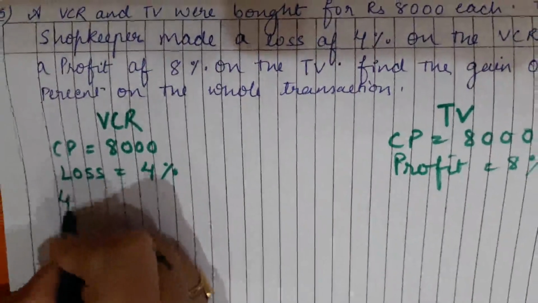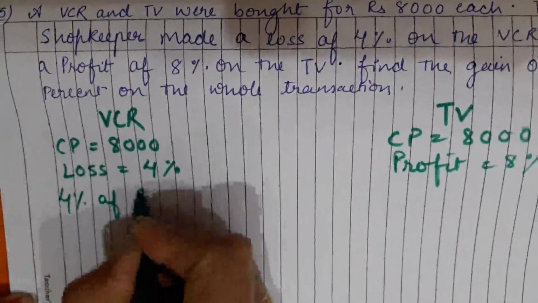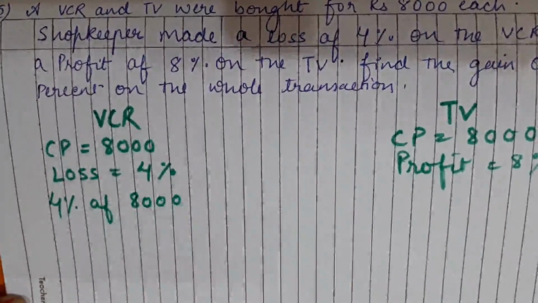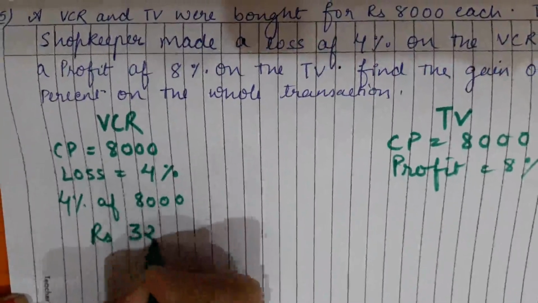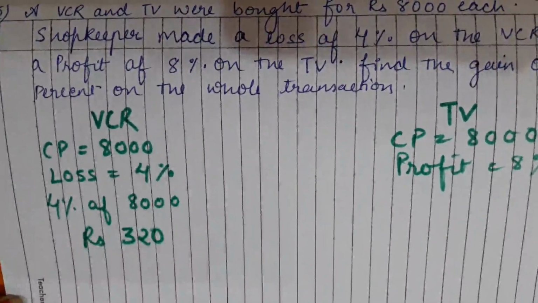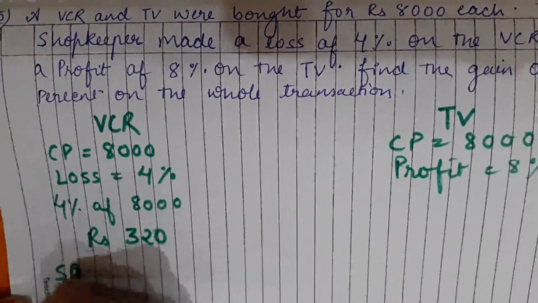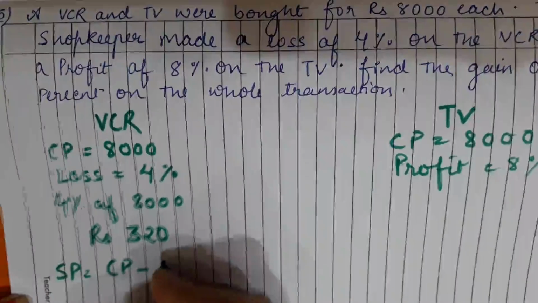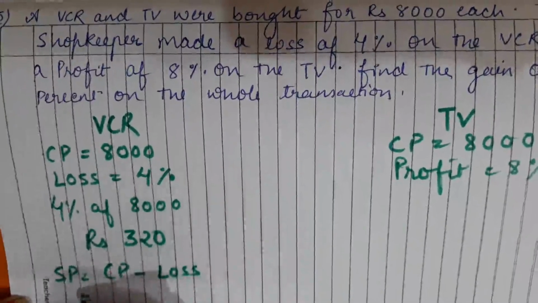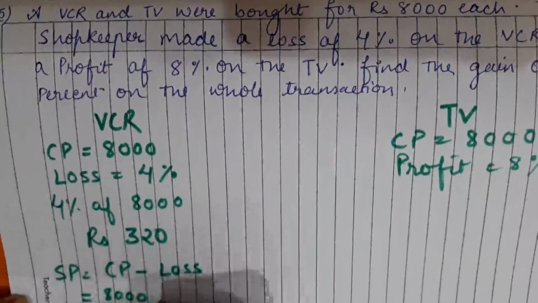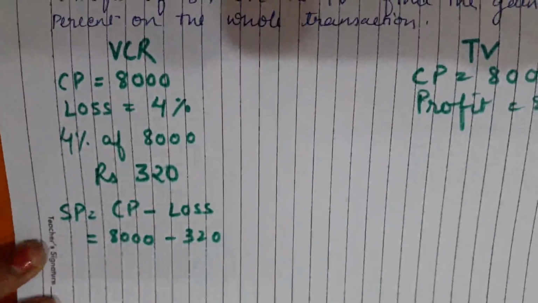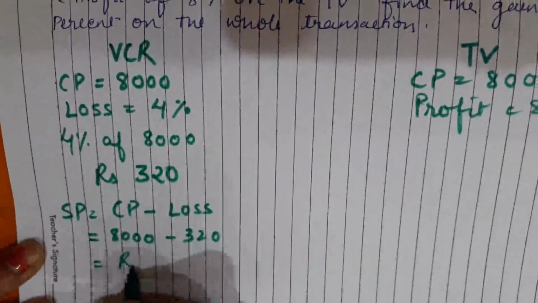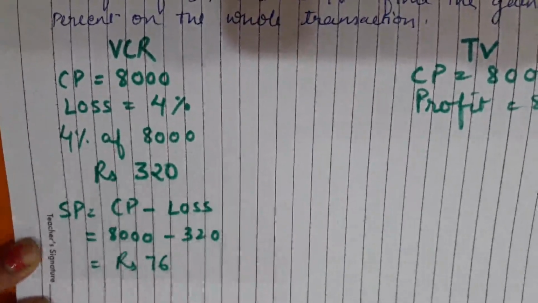So 4% of 8,000, you will get rupees 320. Okay, so selling price will be CP minus loss. CP is 8,000, loss is 320, so you will get rupees 7,680.